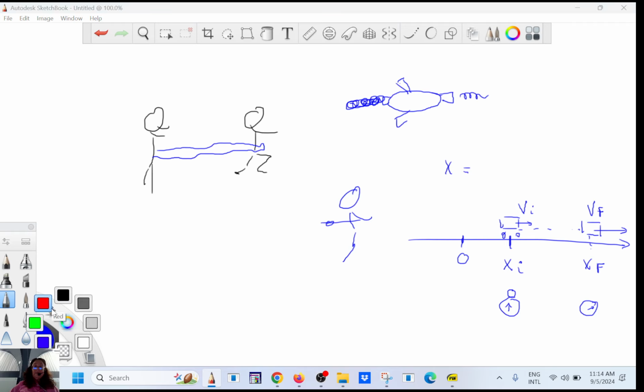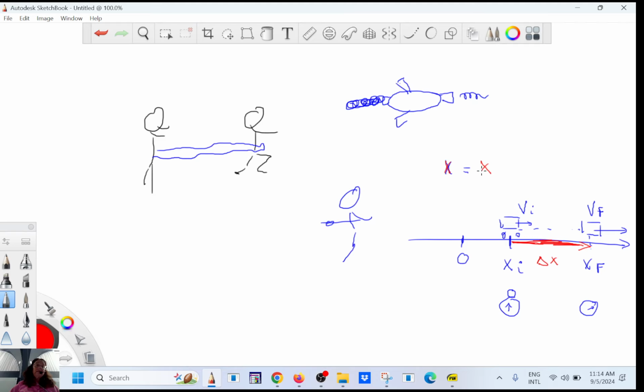So we have to distinguish between the position and the displacement. Displacement, remember, you have to connect the initial position to the final position. That will be your delta x. Is that clear? So on the number line, that means that your final position will be this plus that, right?